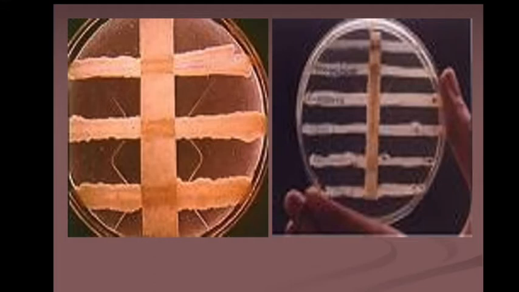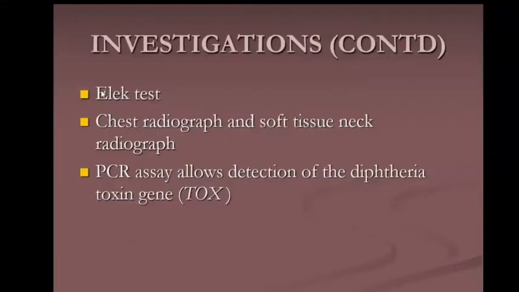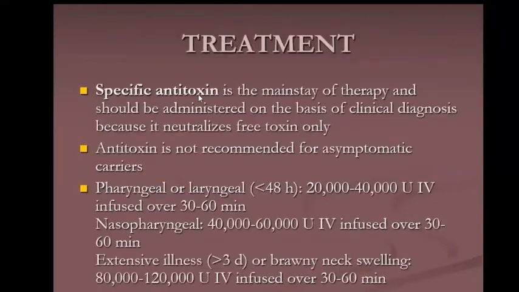Then, since it is an infection due to the toxigenic strain, the mainstay of treatment is two things. First, specific antitoxin: diphtheria antitoxin is the mainstay of therapy, and the dose and duration vary upon the site.